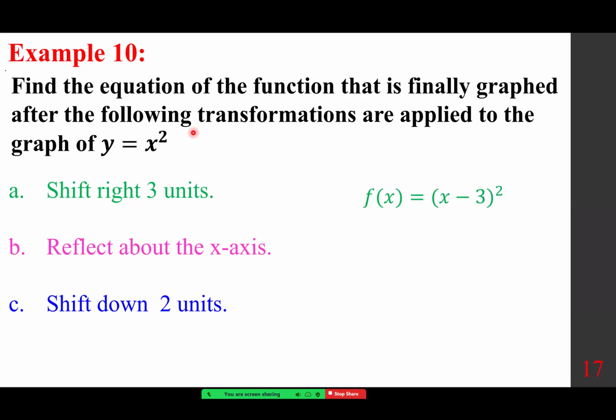So this is gone. Now we are dealing with this, reflected about the x-axis. Put a negative in front. Now f of x is minus x minus 3 quantity squared. Shift it down by 2 units, so bring it down by 2 units, add negative 2 or simply subtract 2.